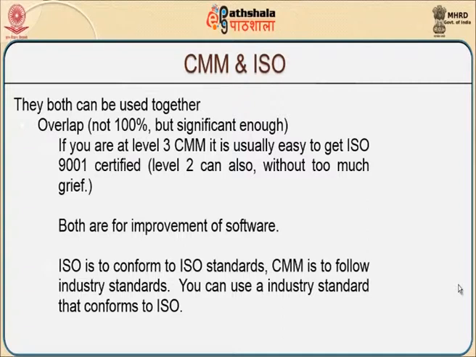If you are at level 3 of CMM, it is usually easy to get an ISO 9001 certification. Even level 2 can fetch you a certification, but both are for improvement of software. In specific, ISO is to conform to ISO standards, CMM is to follow industry standards. You can use an industry standard that conforms to ISO.